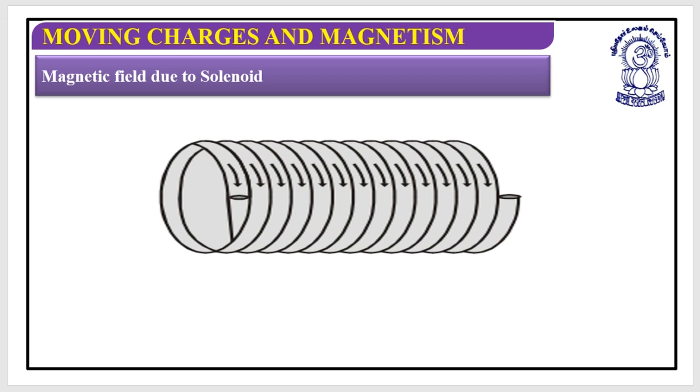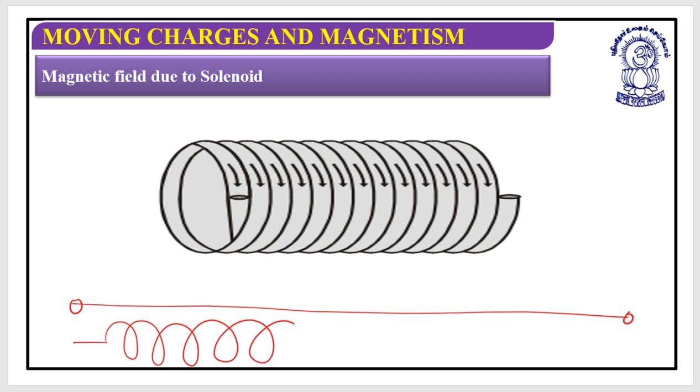Before I go for the magnetic field due to a solenoid, do you understand what a solenoid is? We can say that, let's suppose this is a straight wire, and this straight wire is going to be converted into a coil something like this. I hope this is clear.